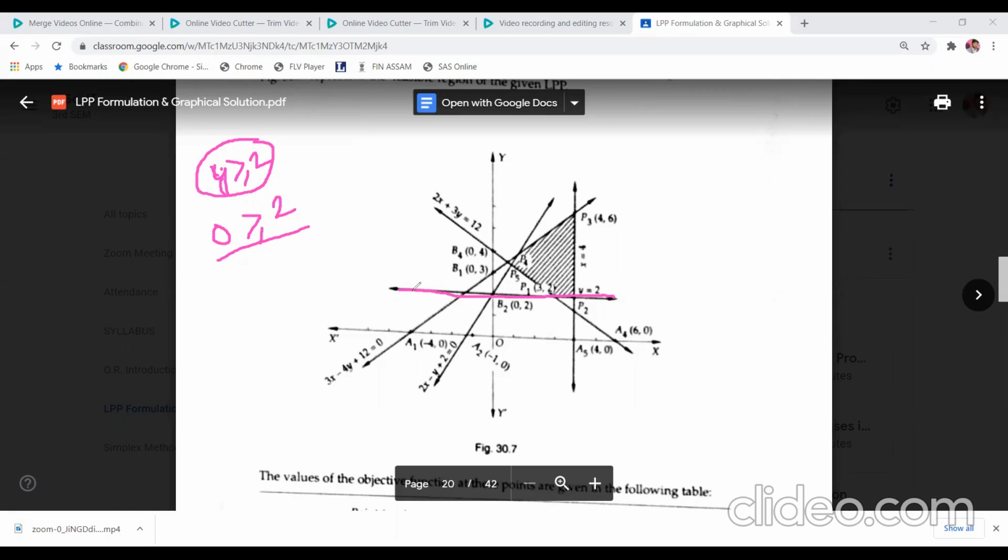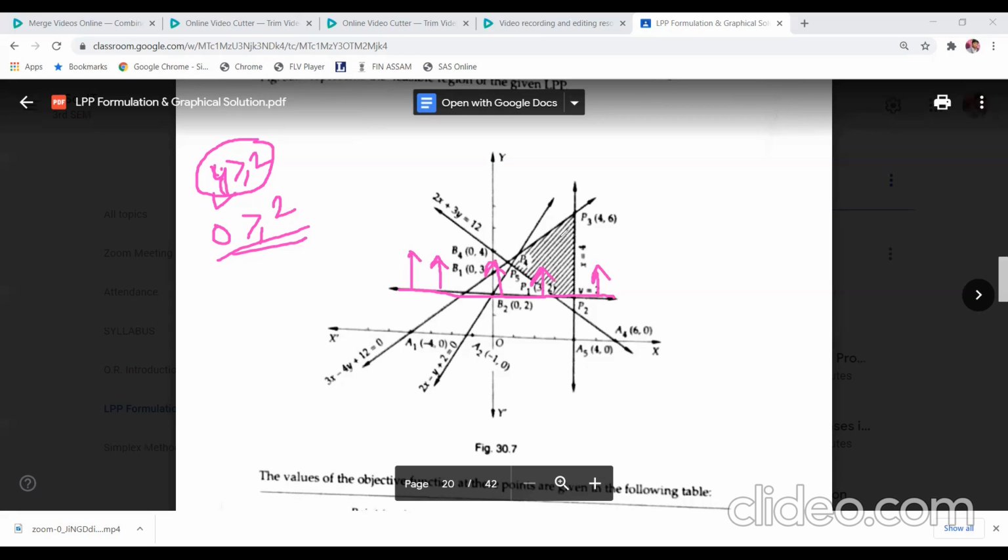Obviously, the region below the line will not come, because below the line the origin is there, but in the solution region of this, the origin will not be there. So obviously the solution region will be above the line. This is the solution region of this line.